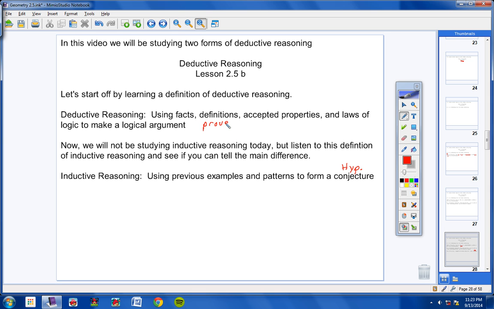With inductive reasoning, you're looking at examples and patterns and forming a conjecture. Remember, we did this the first week of school. We looked at patterns and predicted what the next picture or the next number would be in a pattern. So that's the difference between deductive and inductive reasoning, and today we're looking at deductive reasoning. All right, let's continue on.